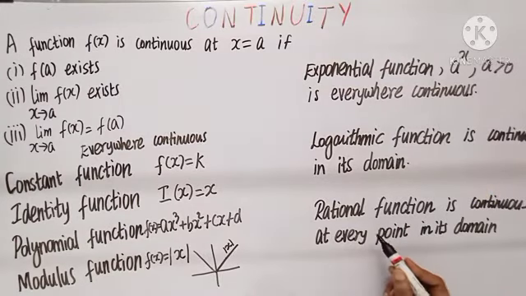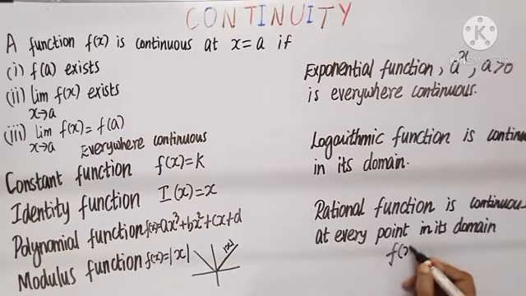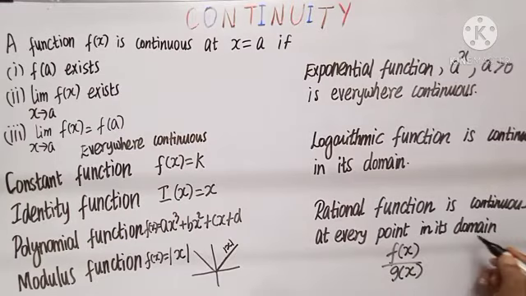Similarly, rational function. Rational means f of x by g of x. Here also the domain will be mentioned. Remember, the denominator should not become 0. So a rational function is continuous at every point in the domain given.